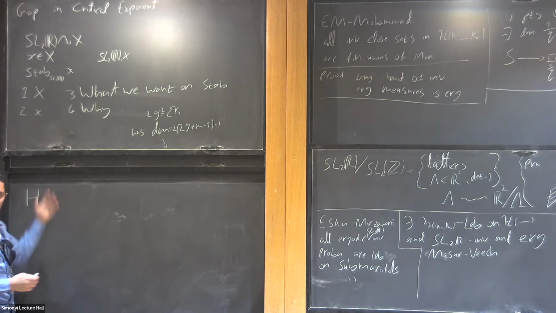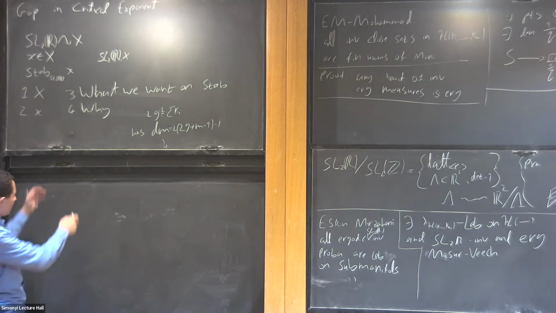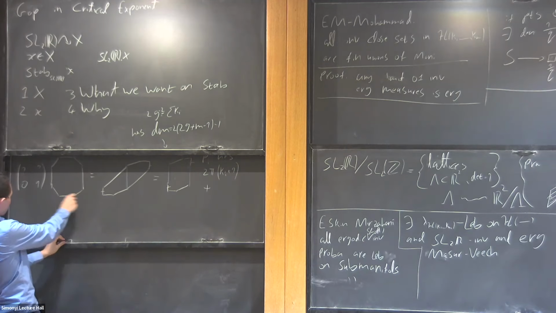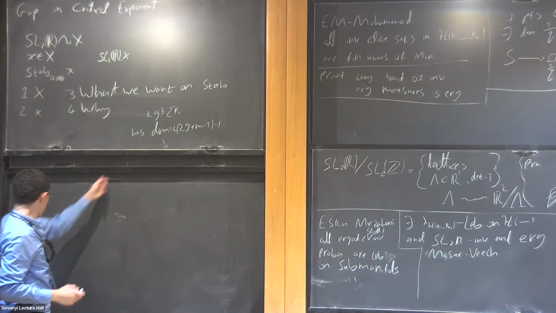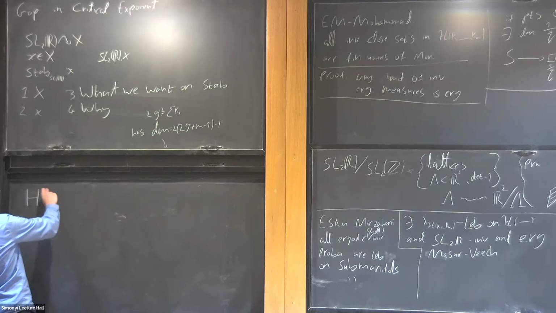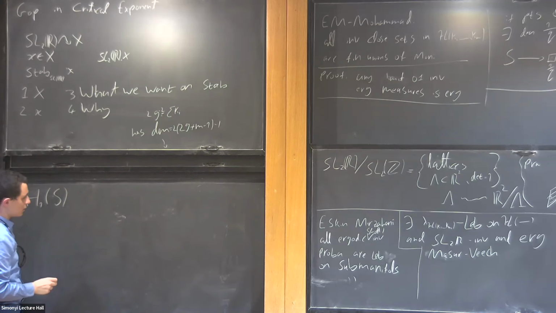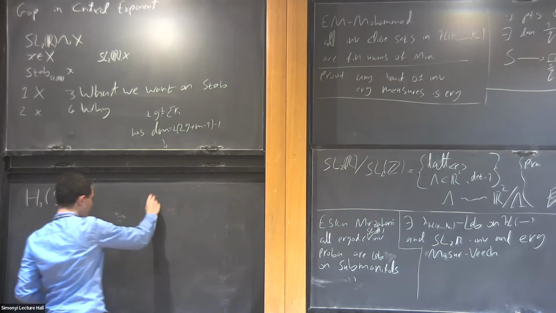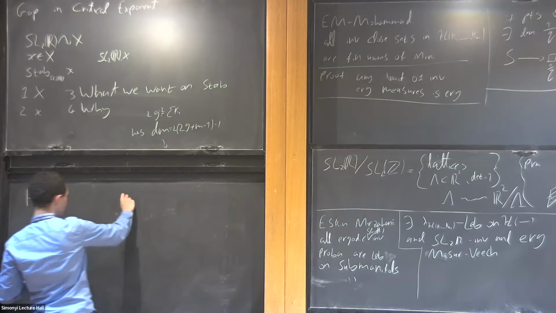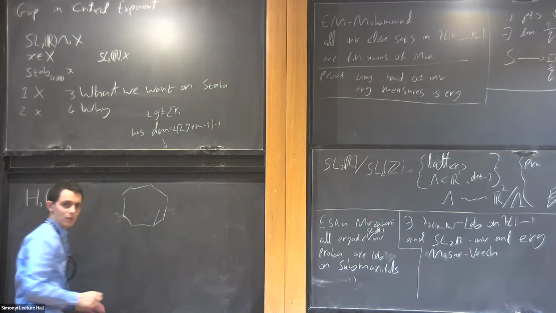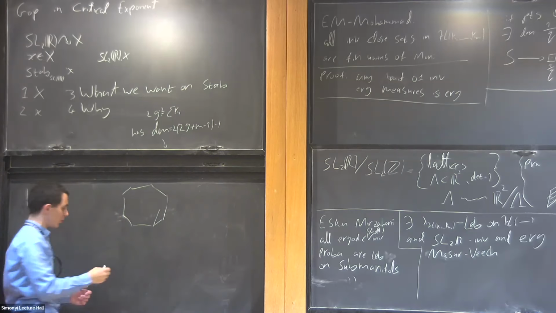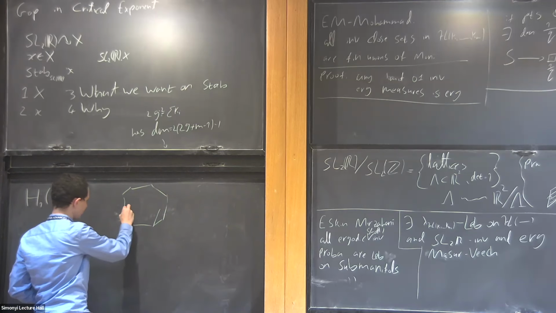What I actually want to study is the homology of the manifold, H1 of S. So if I have a flat surface S and any class in the homology, let's do it in green.